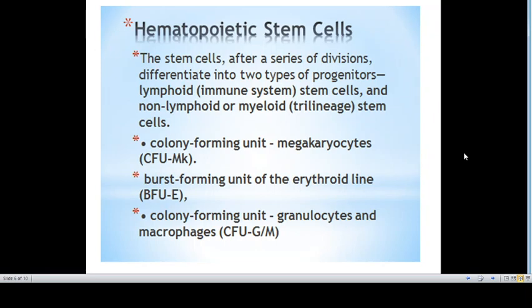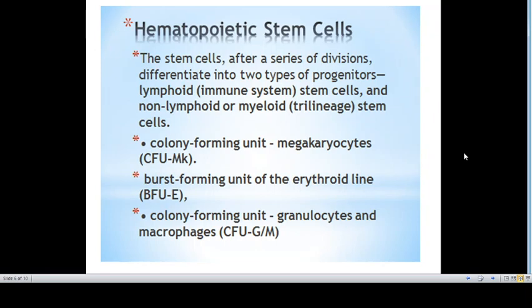And later it gives rise to stem cells which can form the major groups of blood cells other than the lymphocytes. So depending on the progeny, it is possible to differentiate. The stem cells, after a series of divisions, differentiate into two progenitors.